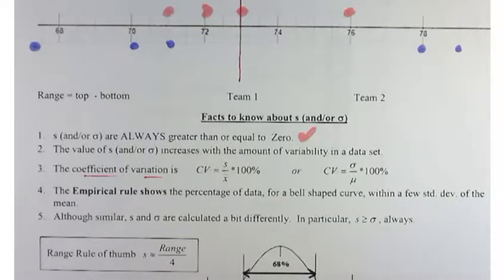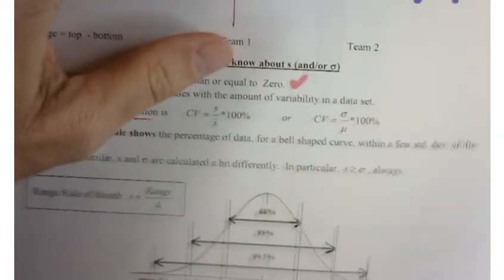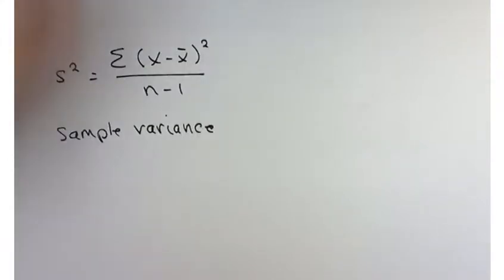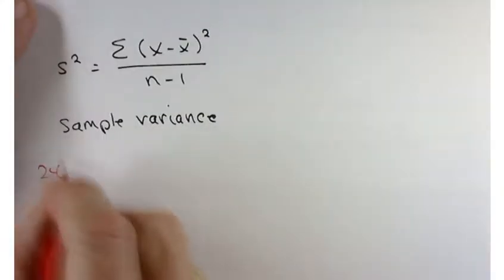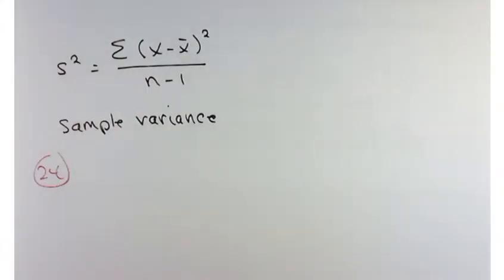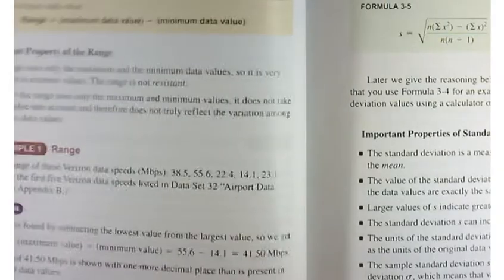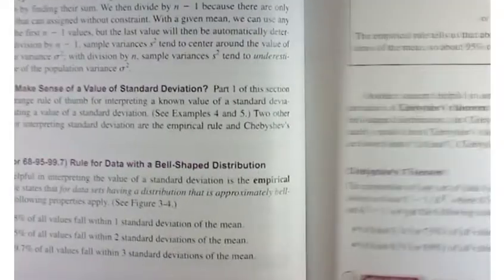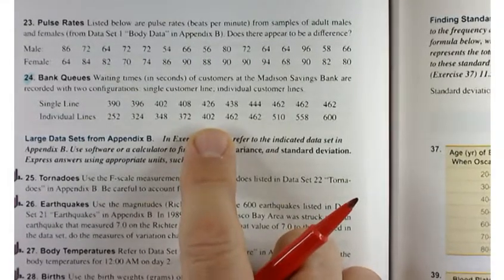So let's take a look, for example, at problem number 24. Problem 24 talks about customers in two different banks. No, not two different banks, the same bank, but different lines. How long did you have to wait in line?